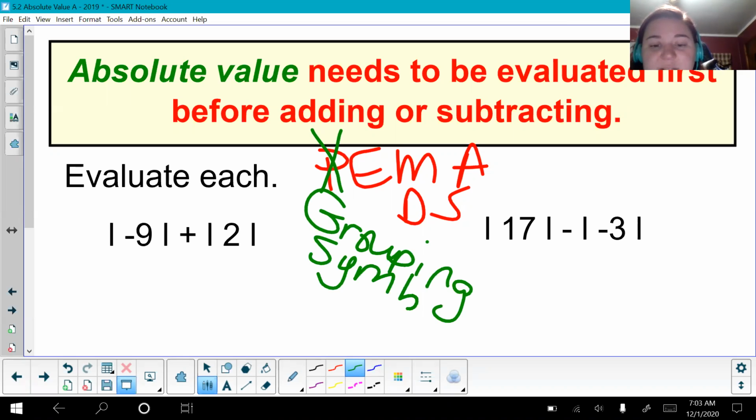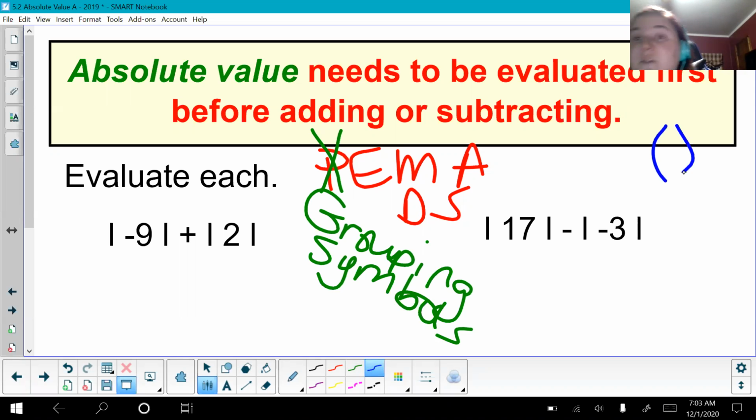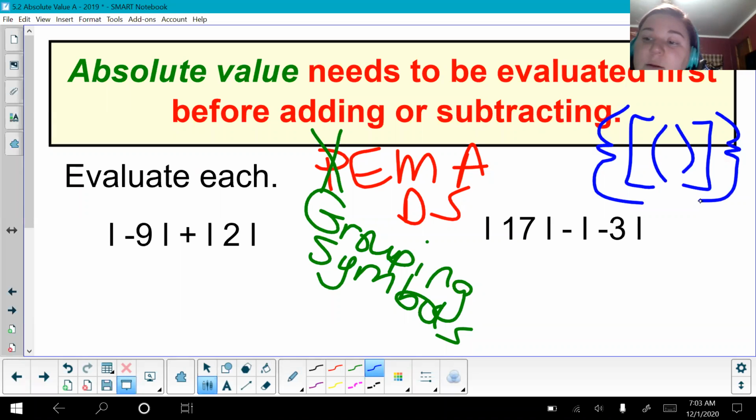Grouping symbols means you do any of those grouping symbols first. Up to this point in your life, you've only dealt with parentheses. Well, as you get a little older, you're going to have brackets. You're going to have braces, which also mean do what's inside first.